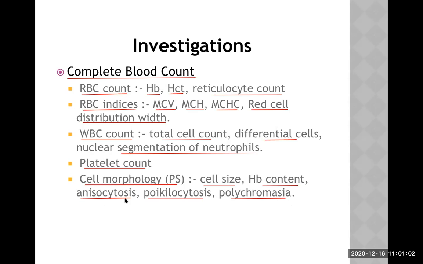All of these are very important features of hemolytic anemia because the bone marrow is overfunctioning and producing cells, and all these cells are coming to the peripheral circulation at different periods of time. So that's why all these features are seen.